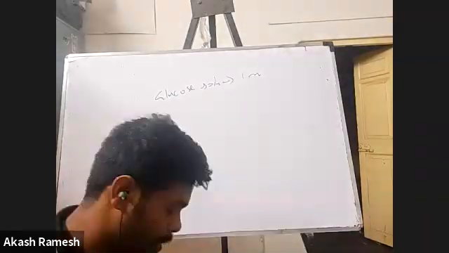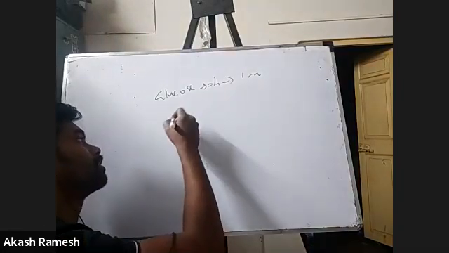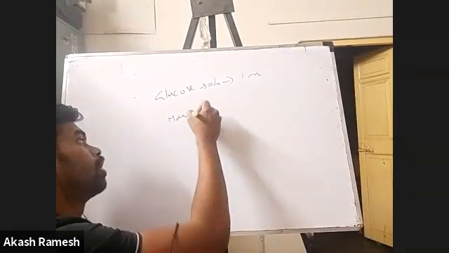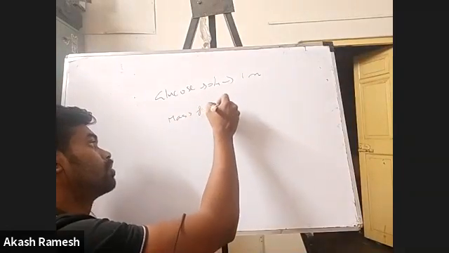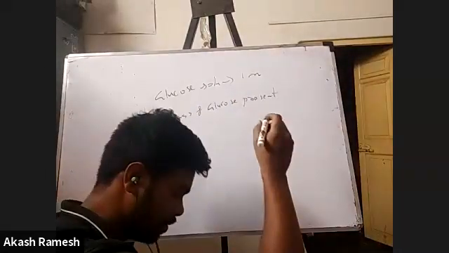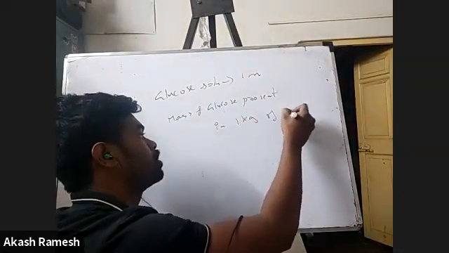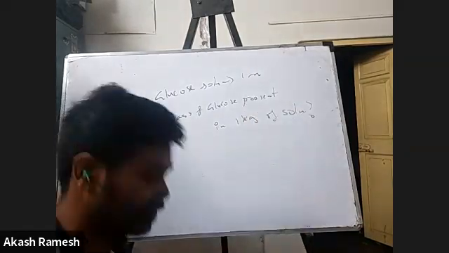One small m represents molality, right? So I'm asking, what is the mass of glucose present in 1 kg of this solution? That's the question.